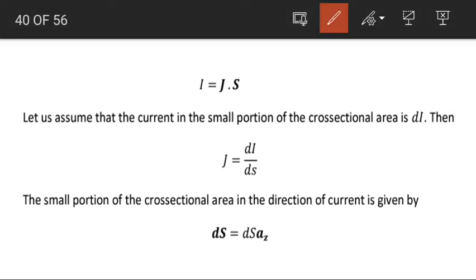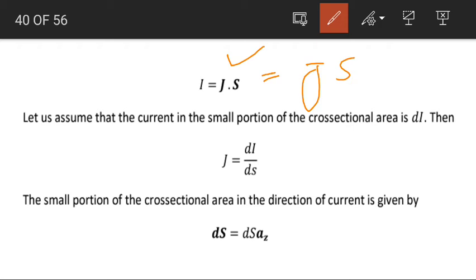As these two vectors are in the same direction, Js will be equal to J dot S. Why? Because in this particular case, the current density and the cross-sectional area of this conductor are in the same direction, and J dot S will be equal to Js.